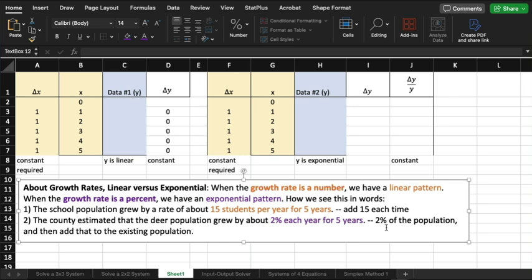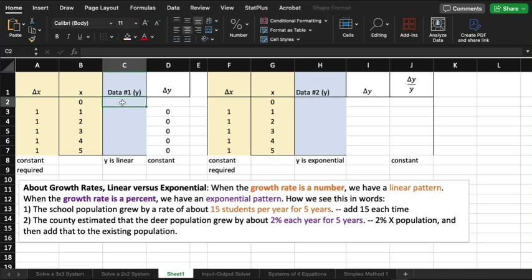So you are adding 2% of the population. And when you see 2% of the population, you're going to be multiplying. So 2% of the population means times or multiply. So take your 2%, multiply it by the population, and add that to the existing population. So we'll see how that works out in our spreadsheet here.